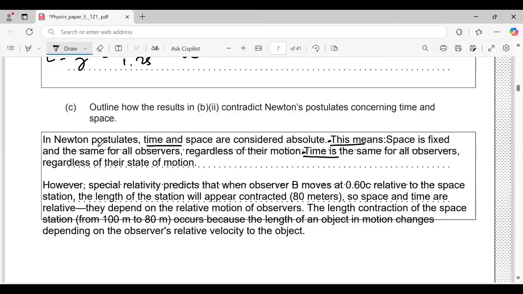According to Newton, time and space are absolute, while according to special relativity, based on Einstein's theory, time and space are relative.